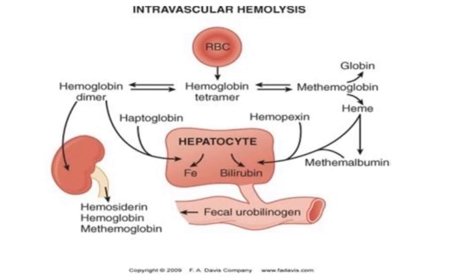Most of the tetramer hemoglobin should combine with haptoglobin, which is a protein synthesized in the liver. There is a certain level of haptoglobin in the blood. When hemolysis is more than normal, the destruction of red blood cells is more than normal, so the haptoglobin will decrease.